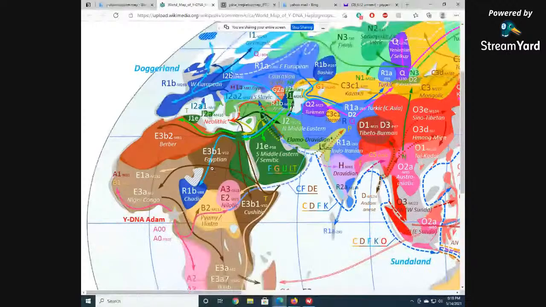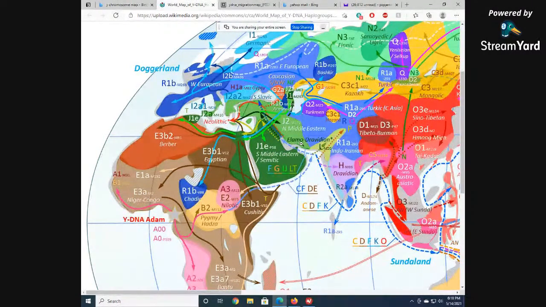Okay, so the next thing we'll do here is by process of elimination, we'll go to the Elamo Dravidians. The Elamo Dravidians are clearly, obviously, the descendants of Elam, the Elamites. So the Elamites are another descendant of Arpachshad, another descendant of Shem, which is the Semitic line.